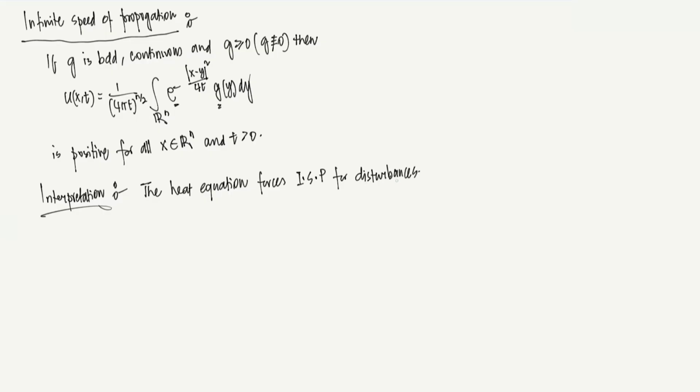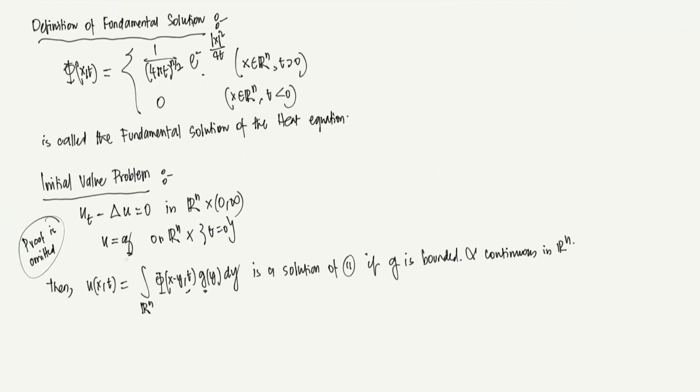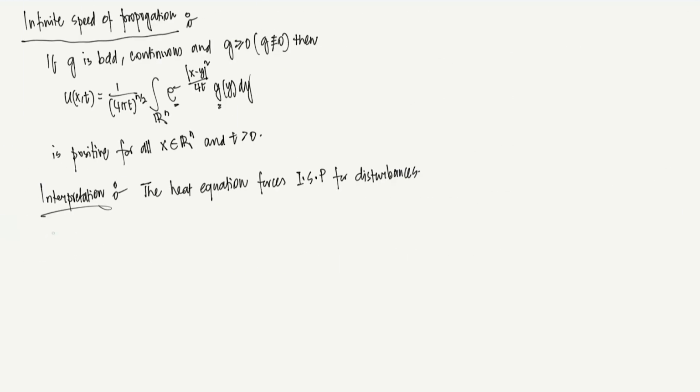It means that if the initial temperature, this is nothing but the initial temperature, u is the temperature, right? So if this initial temperature g is positive, then basically this says that at time t equals 0, the temperature is non-negative.